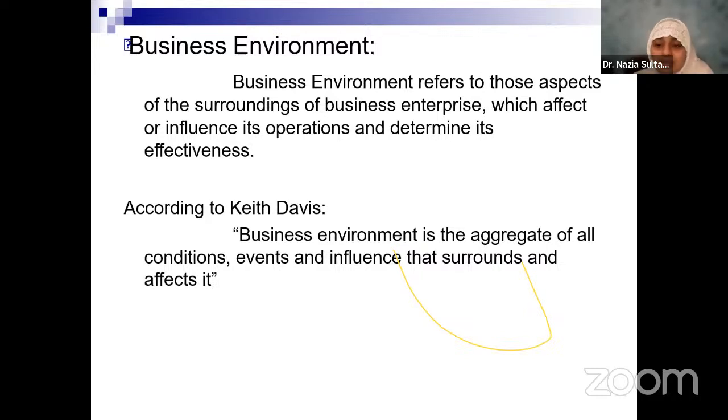So aggregate means combination. So the total or combination of all the conditions which are around a particular business, all the events which may be happening around a business, which have an influence on that particular business, is called a business environment, according to Keith Davis.